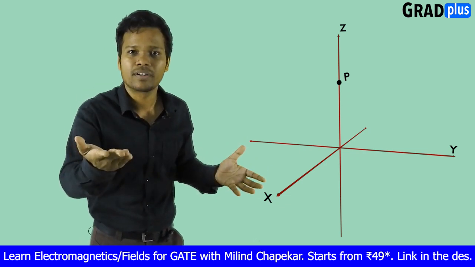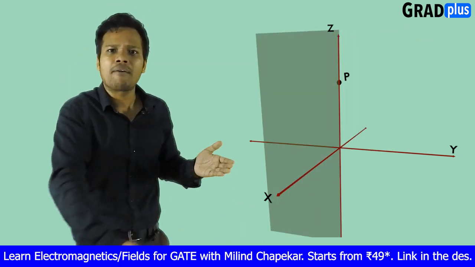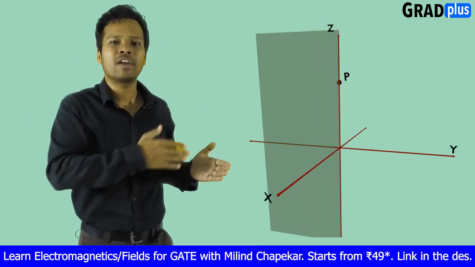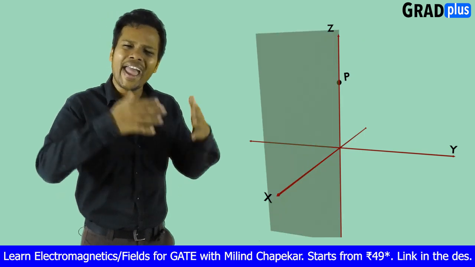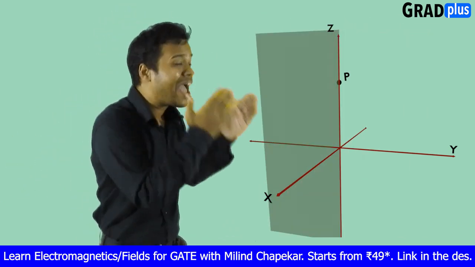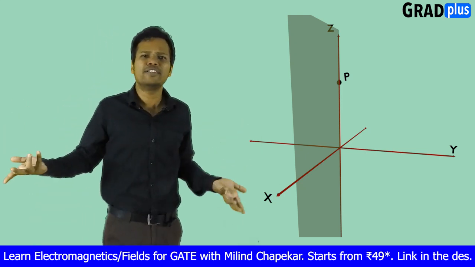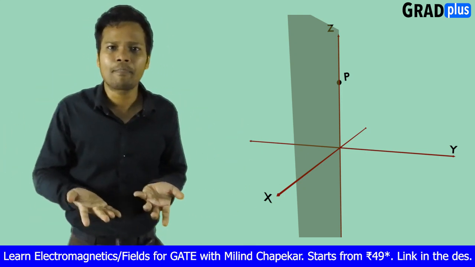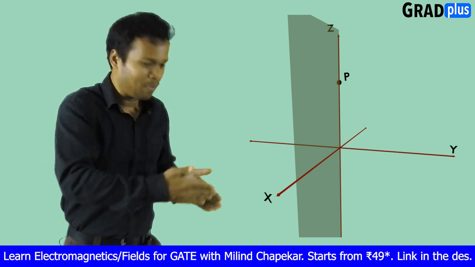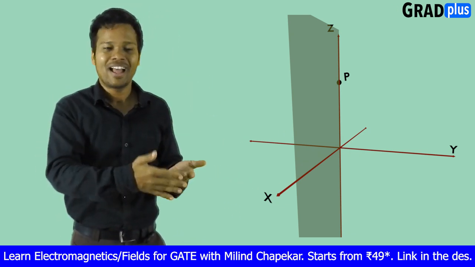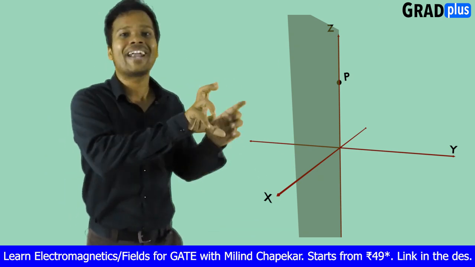Yes or no? Any vertical half plane is valid, because what is a vertical half plane? It is the half plane, vertical, and it is attached to the z-axis.